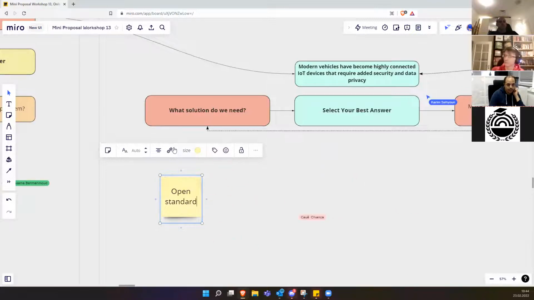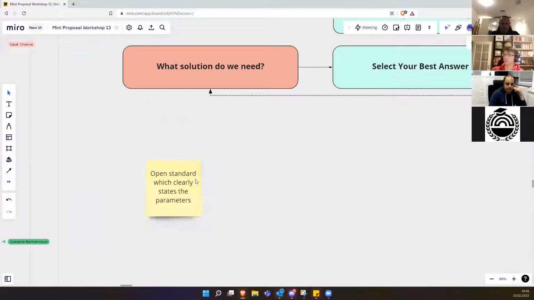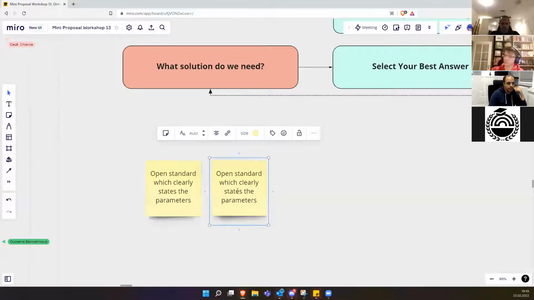Okay, so for example, we have two projects, one P2P and the other B2C. I don't know if we should concentrate on just one of them. For example, the B2B project is about fleet management. So fleet management means there is data and there is a fleet manager who monitors the data of the driver.